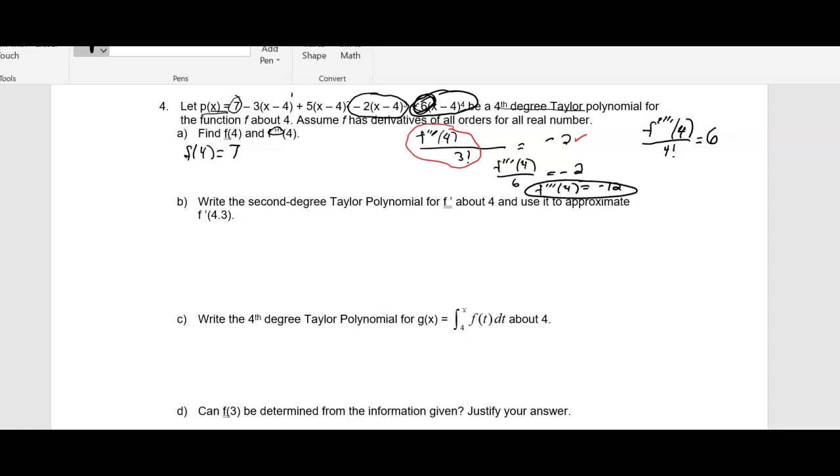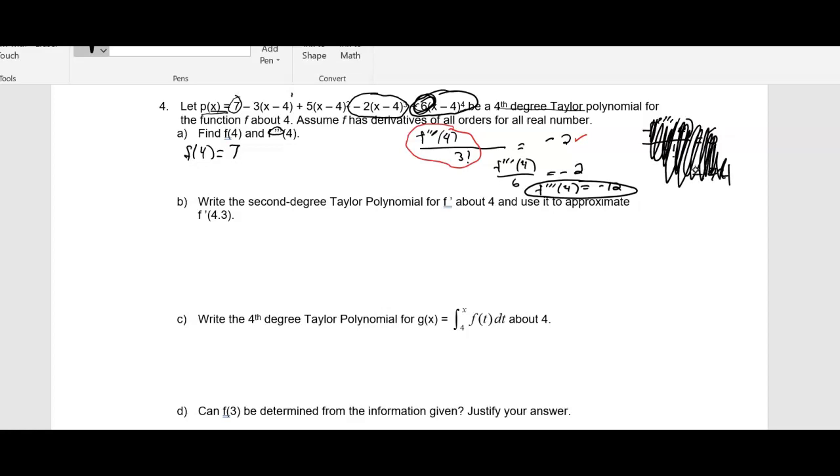Then solve that for f quadruple prime of 4, and that should give you what we get there. So that's 24 times 6. And what's 24 times 6? 140 something. Yeah, 144. All right, so that's how you can do those. So just be aware of that. Pretty common question.